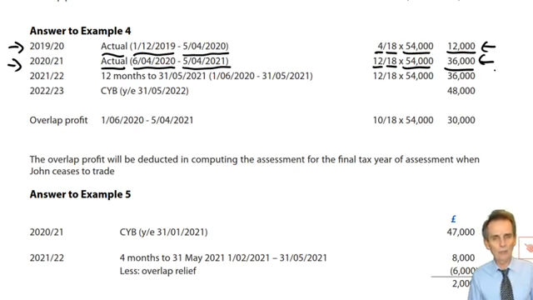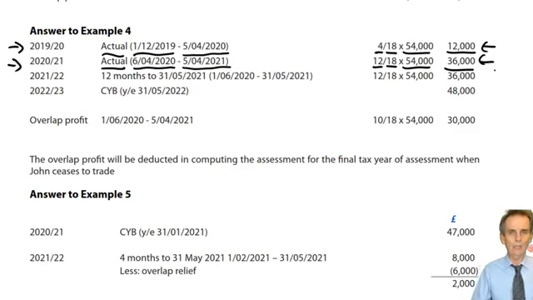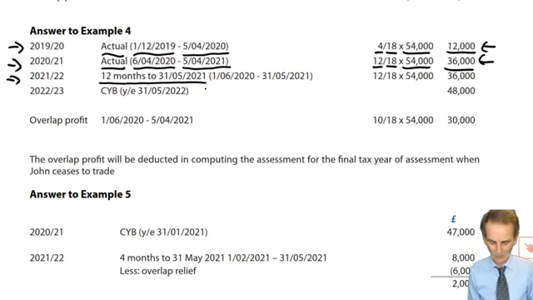It is in this situation between the second and the third tax year that we see the larger overlap arising. What we've got, of course, in the third year, 21-22, is a long opening period ending in that third year, a period of more than 12 months. It is an 18-month period. So what do we do? Where we have a long period ending in the tax year, we take the last 12 months of that period, the 12 months up to that accounting period end date, which is the 31st of May 21.